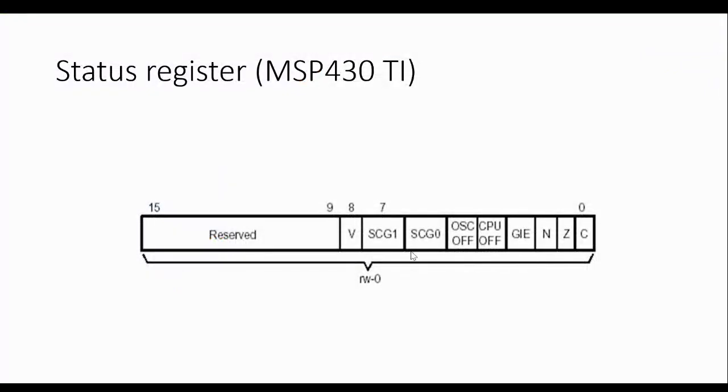As we discussed in the lectures, the status register consists of 2 bytes, the upper byte and the lower byte. What we are concerned with are the N, Z, C, and V bits, or what we call flags. The reason we call them flags is that it's an analogy of people using flags to indicate something.